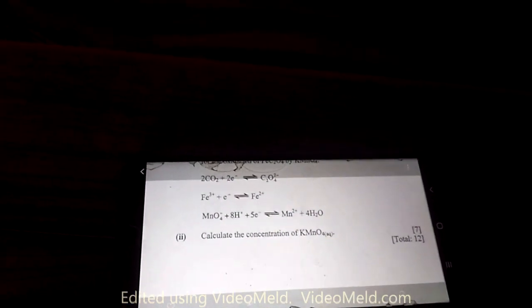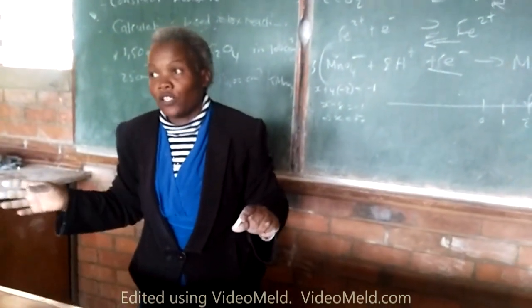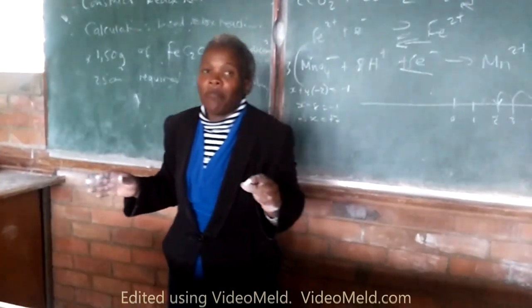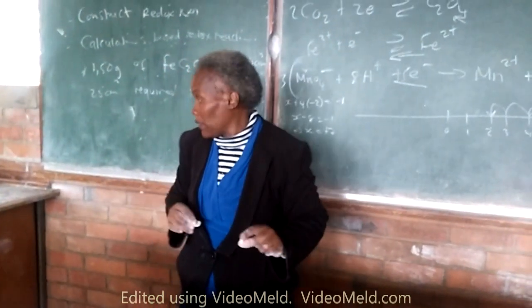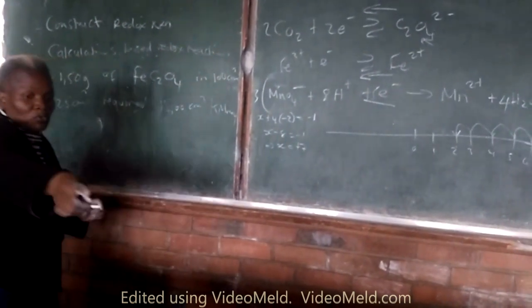Spectator ions are the ones which remain chemically unchanged on both sides of the equation. So K+ remains as K+ as a reactant. It also remains as K+ as a product. So it has neither gained nor lost electrons, so it did not take any part in the reaction. So it's a spectator.